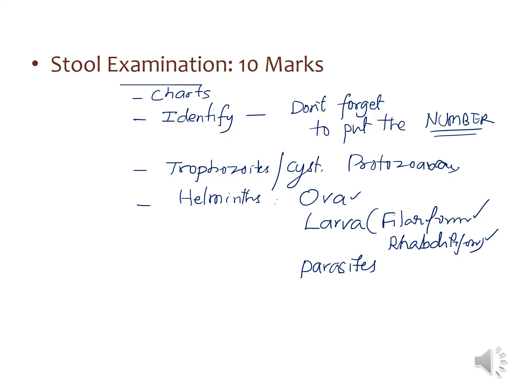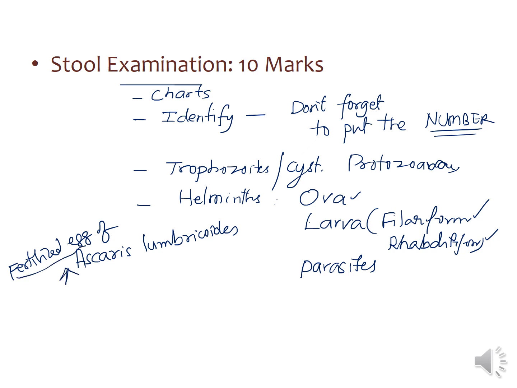So say for example, if we keep the egg of Ascaris, don't write it as Ascaris lumbricoides. You have to write whether it is fertilized or unfertilized. Say for example, fertilized egg of Ascaris lumbricoides.